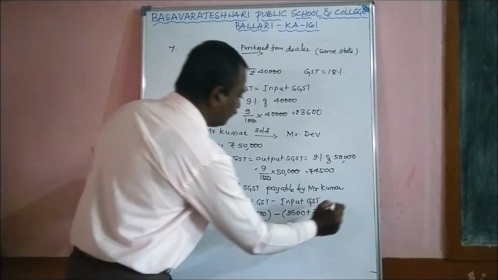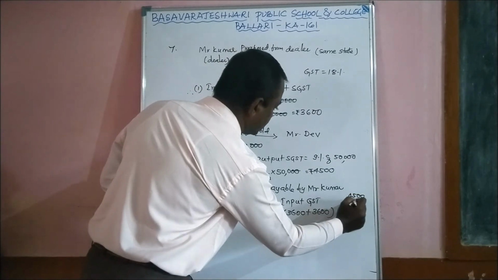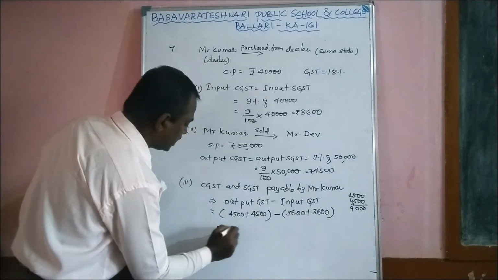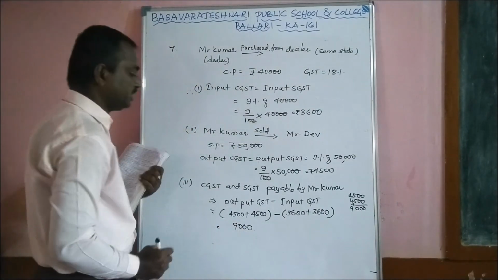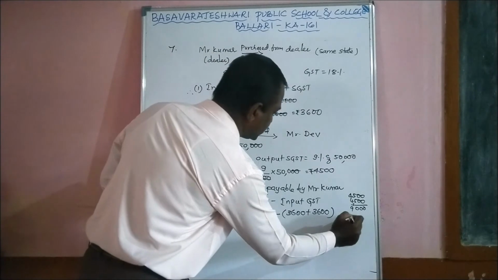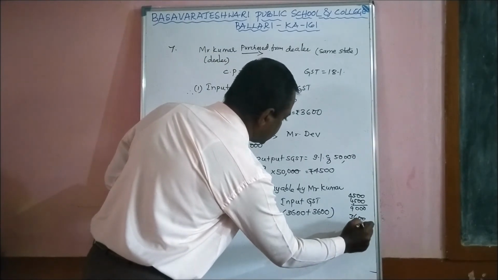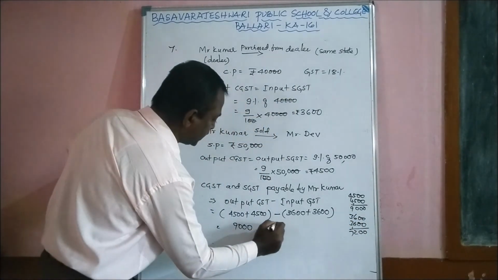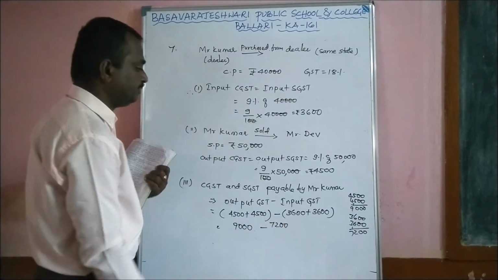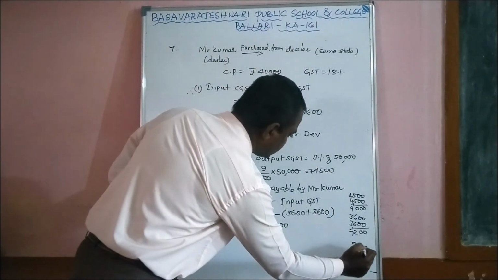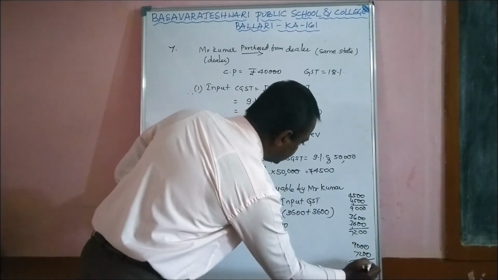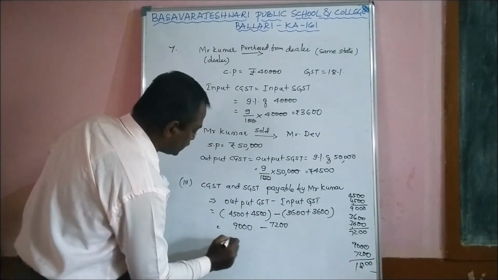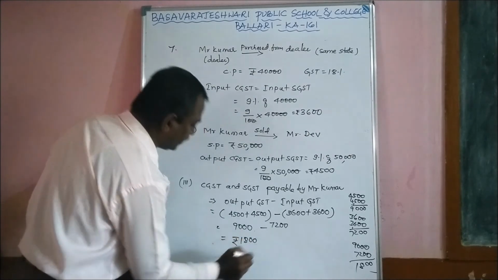So add 4,500 and 4,500, that is 9,000, the output GST, minus 3,600 plus 3,600, that is 7,200, the input GST. Subtract 9,000 minus 7,200, that is 1,800. So 1,800 rupees he has to pay to the government.